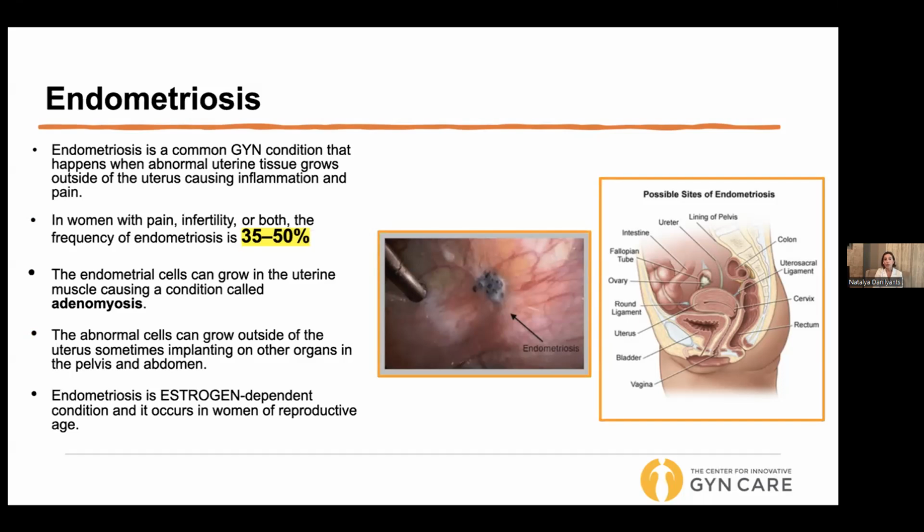It's an estrogen-dependent condition, and so you're not going to see symptomatic endometriosis in someone who's 75 years old, right? So we're talking about reproductive age, when the estrogen is being produced, and so endometriosis thrives and causes issues. Common symptoms: pelvic pain, pain with intercourse, pain with bowel movements, pain with urination.